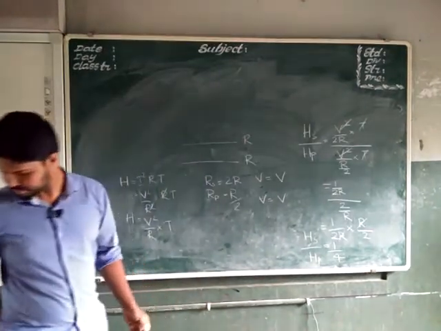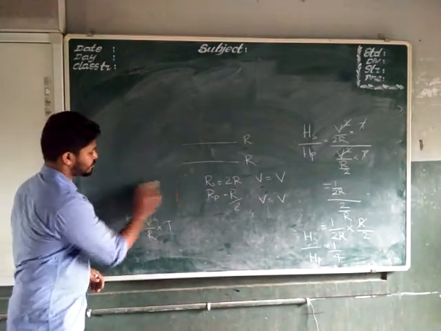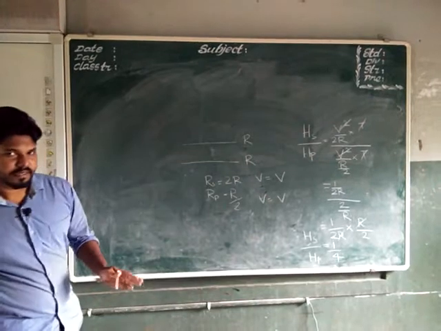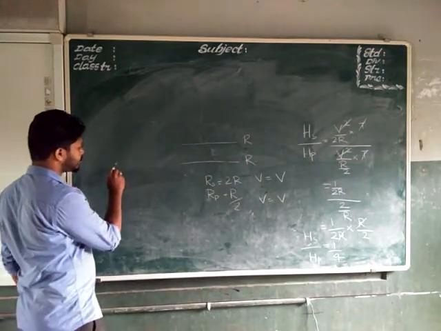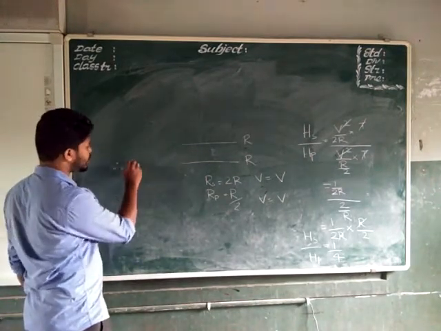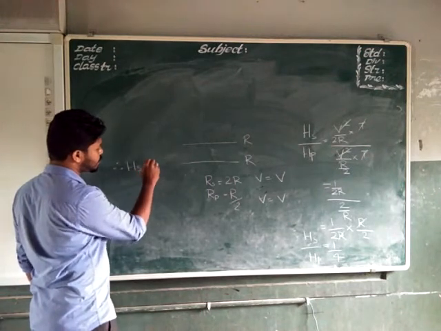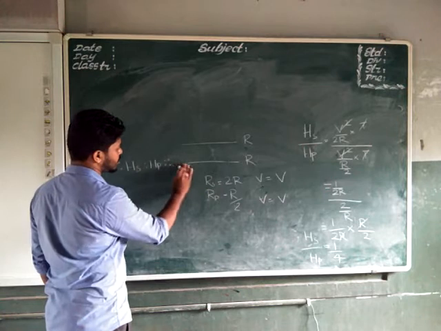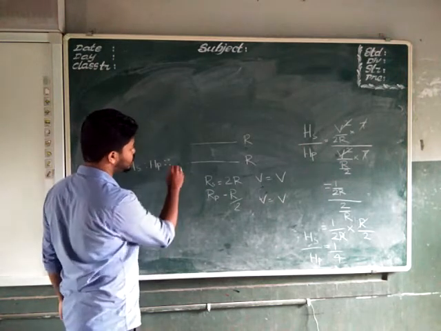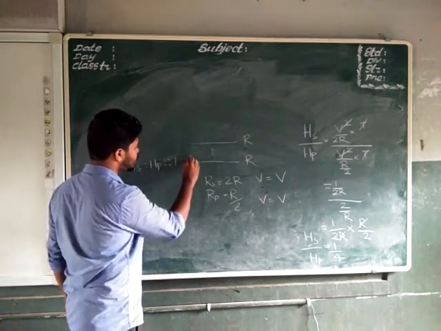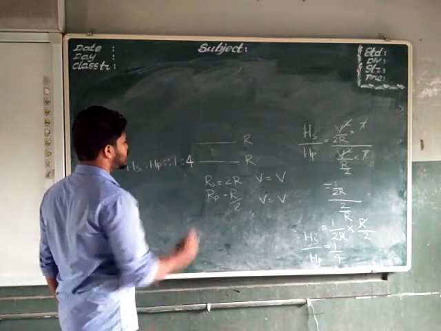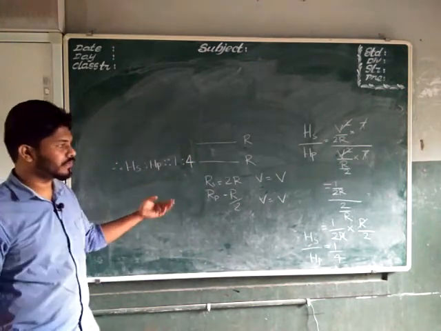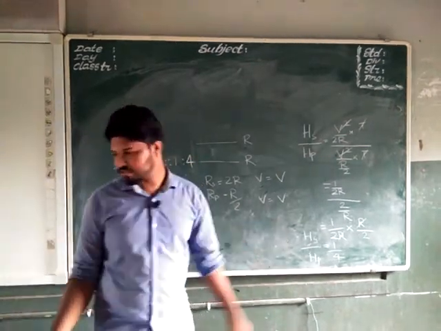Therefore, Hs is to Hp is 1 is to 4. So the answer is 1 is to 4. Answer for the fourth question.